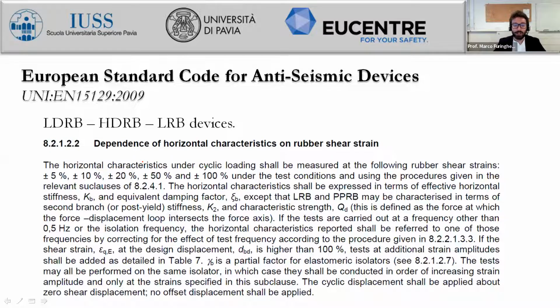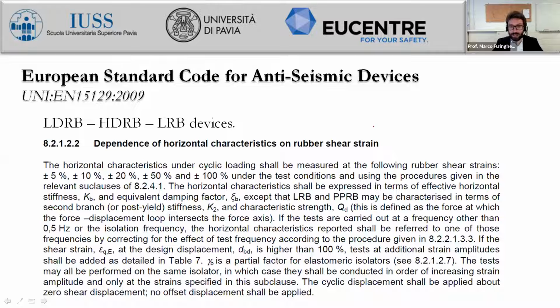These are the tests related to the dependence of horizontal characteristics on the rubber shear strain. So according to this set of tests, we are investigating the possible variation of the mechanical properties of the devices if we change the maximum lateral displacement.